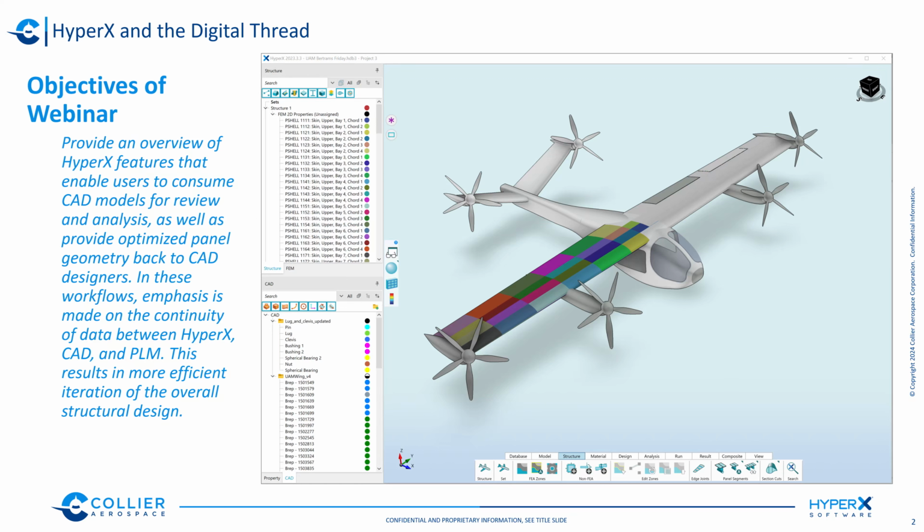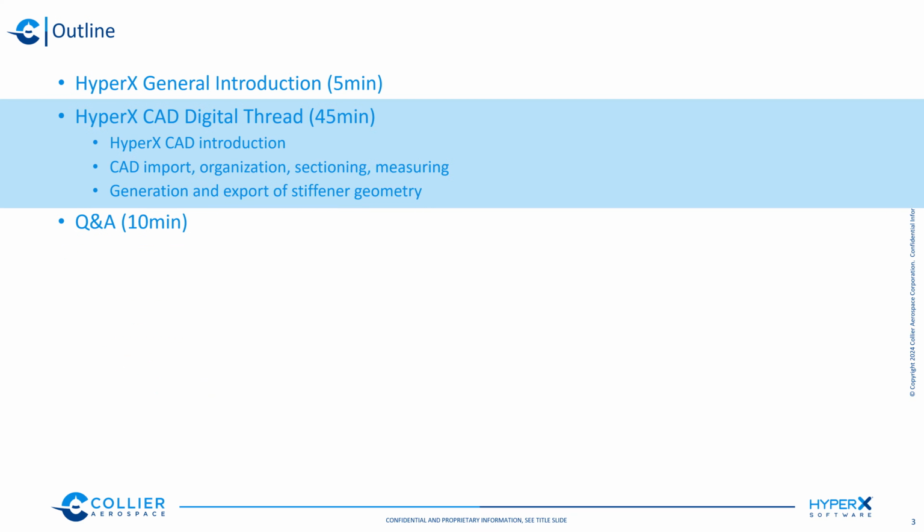And in these two workflows, we're making emphasis on continuity of data between HyperX, CAD, and PLM, all in the name of more efficient iteration of your structural vehicle design. As I said, I'll take about 45 minutes here, start off with a few PowerPoint slides, and then jump into a live demo of CAD import, and then another live demo of generation of optimized stiffener geometry.